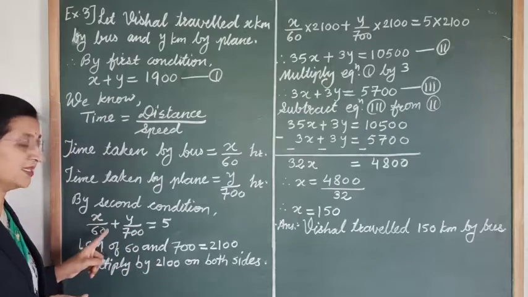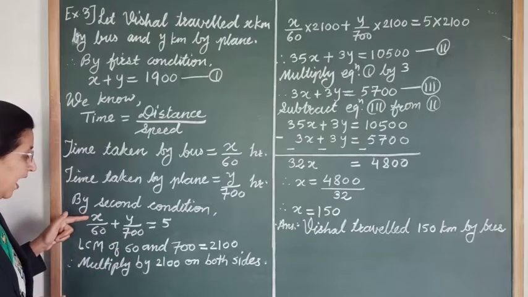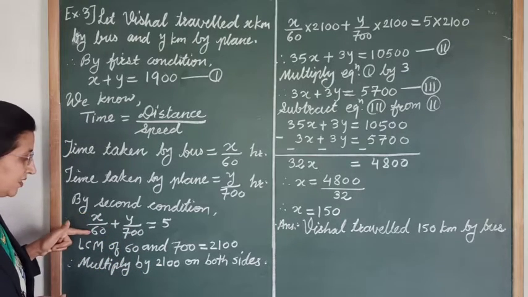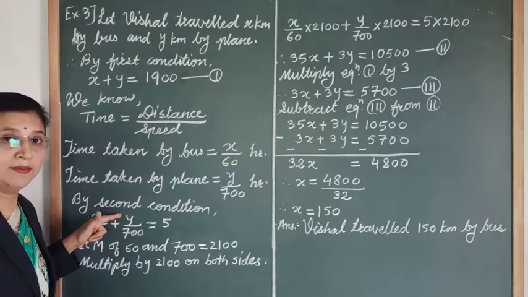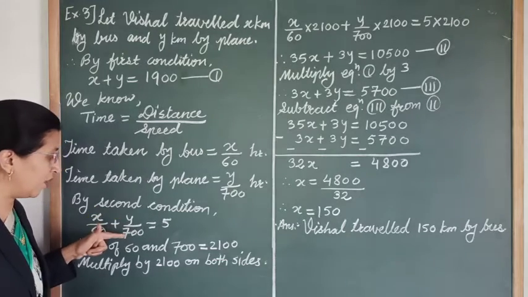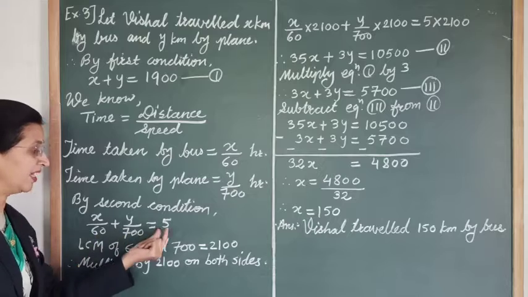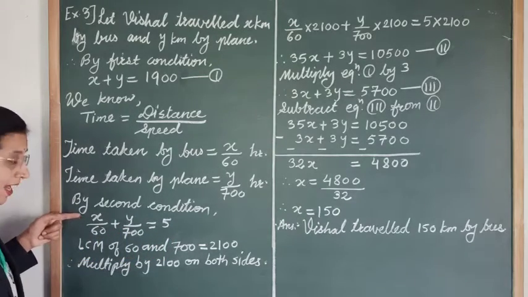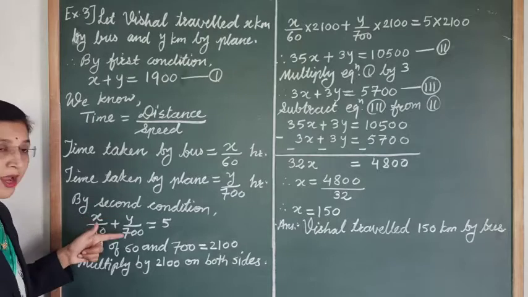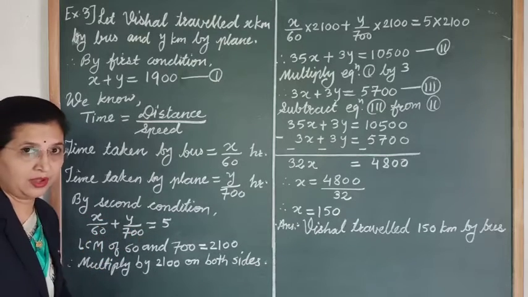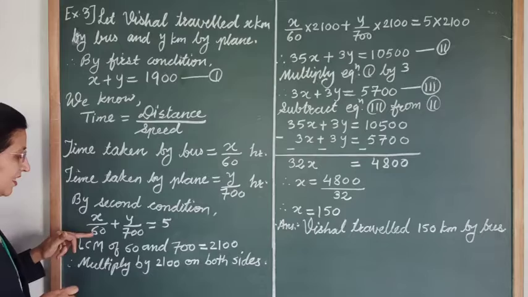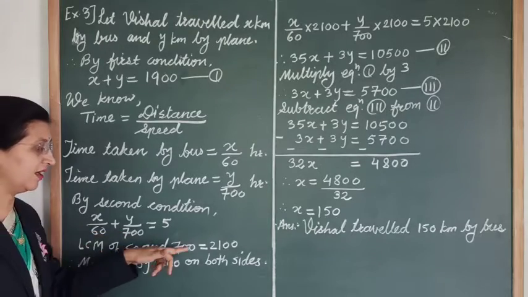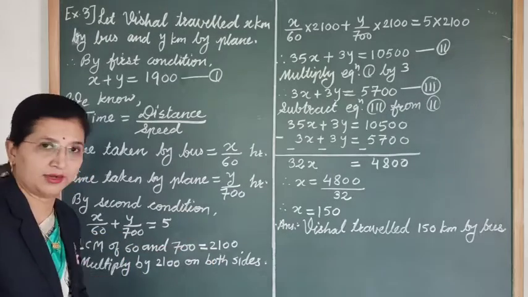So in this way we get the second equation, that is x upon 60 plus y upon 700 is equal to 5. Now here the LCM of 60 and 700 is 2100.